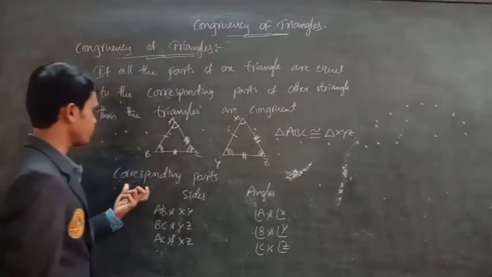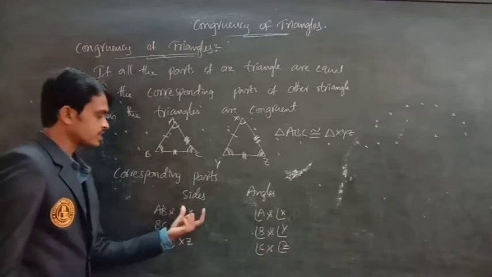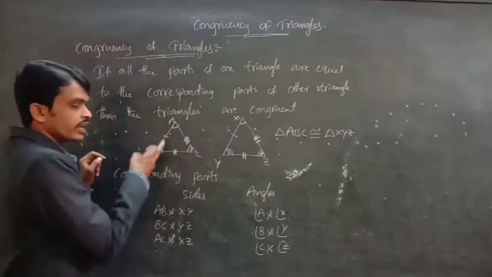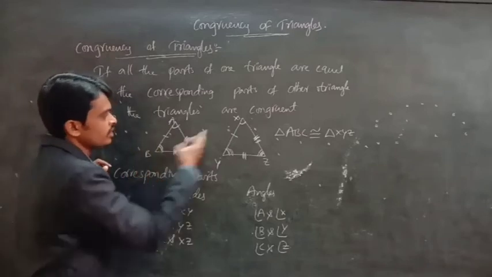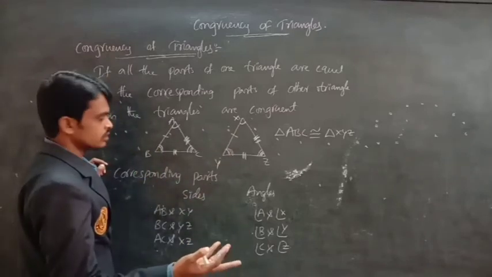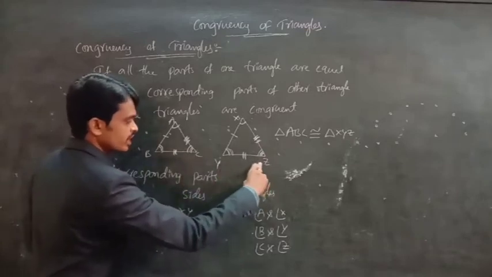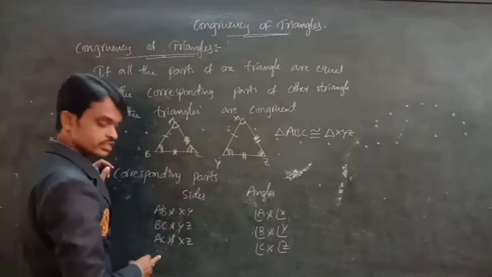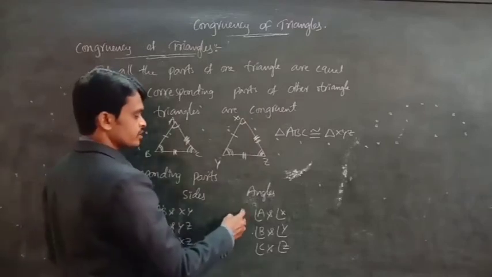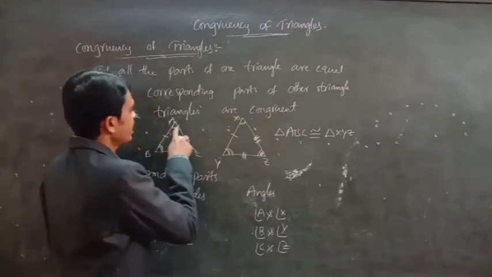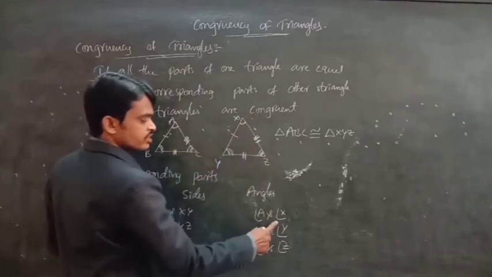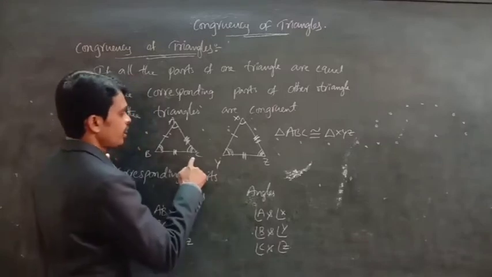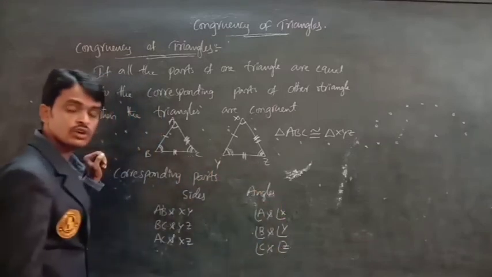Look at the corresponding parts, sides and angles, in the two triangles ABC and XYZ. Corresponding sides AB and XY are the same. BC and YZ are the same. AC and XZ are the same. Now the corresponding angles: angle A and angle X are the same, angle B and angle Y are the same, angle C and angle Z are also the same.